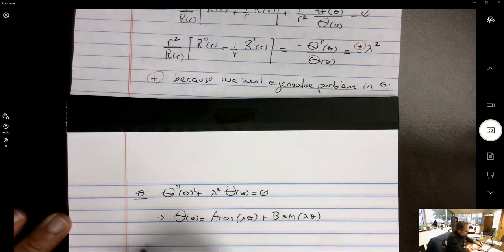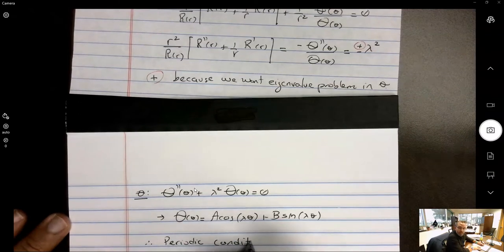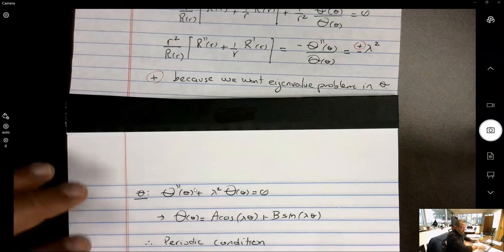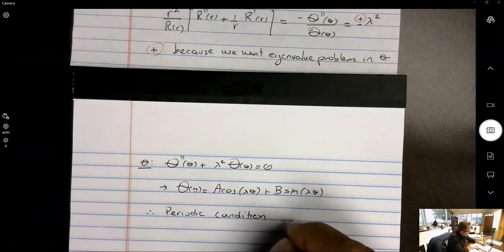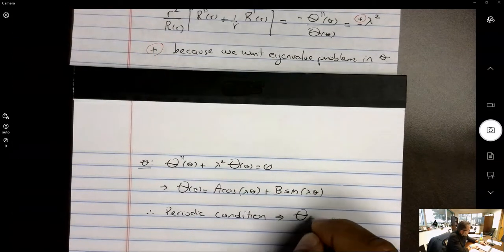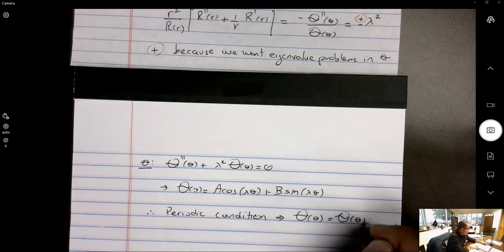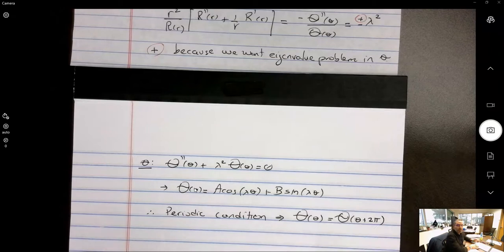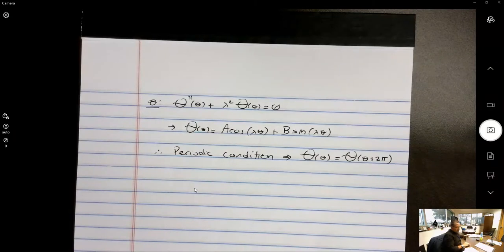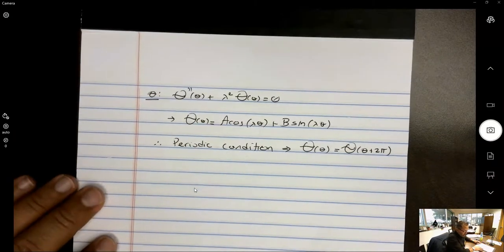We have periodic conditions, which simply means that the solution at theta should be equal to the solution at theta plus 2 pi. So every full revolution should not change the solution. That's what periodicity means.